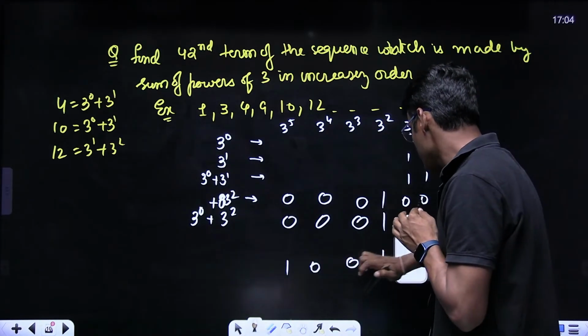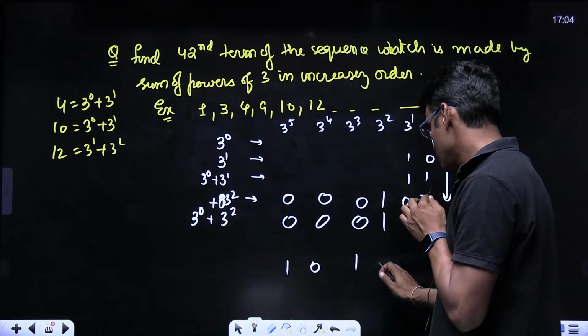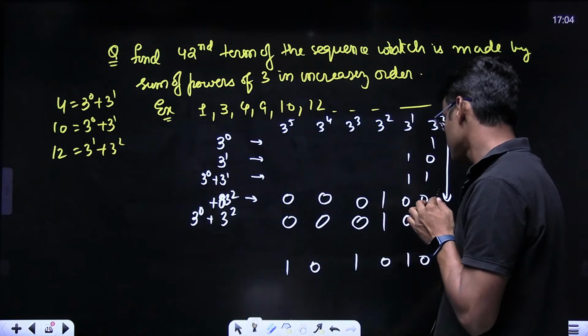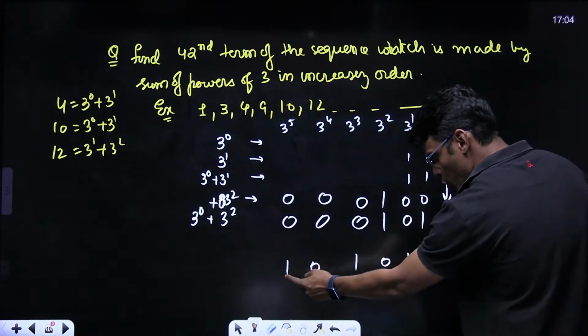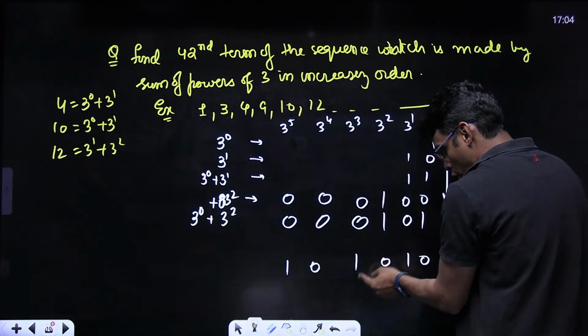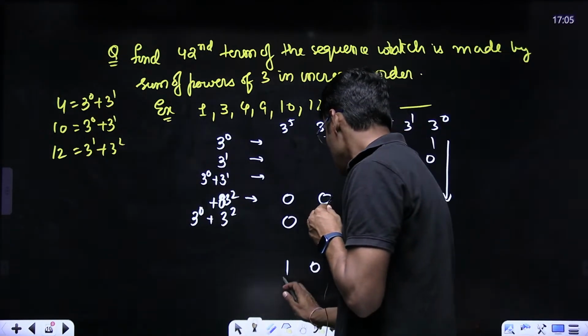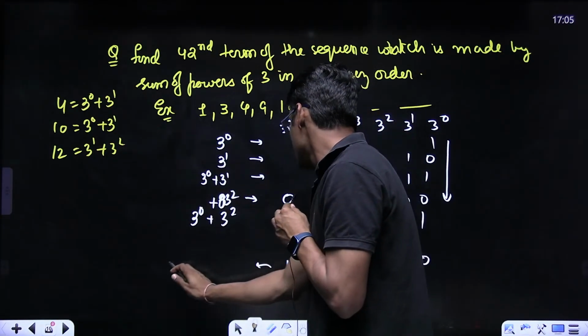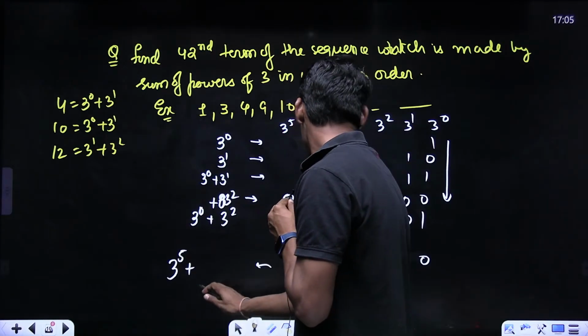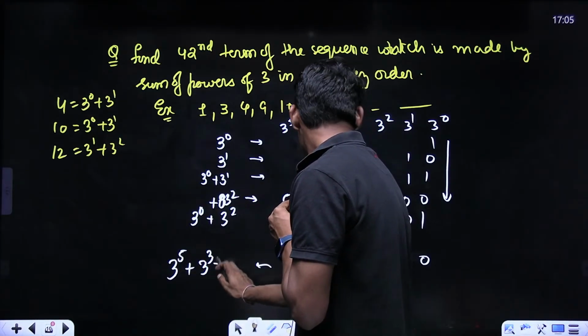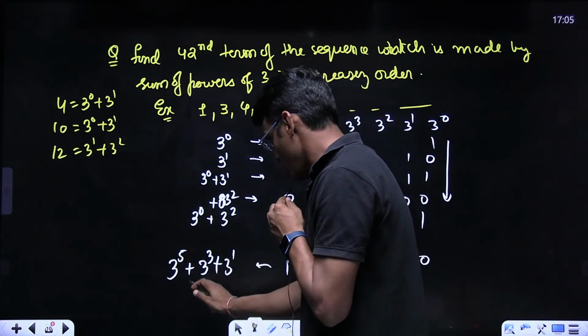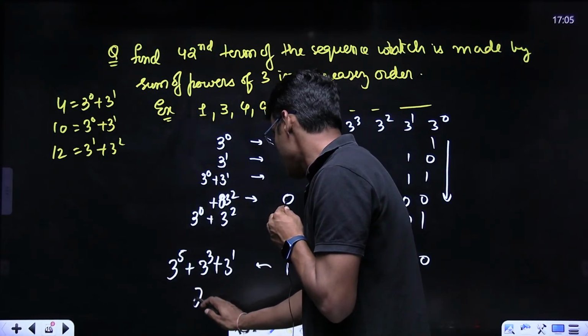So I write 1 here and then 0, 1 here. Then see what it is: 3 to the power 5 plus 3 to the power 3 plus 3 to the power 1. What do I get here? 243 plus 27 plus 3, so 273 is the correct answer.